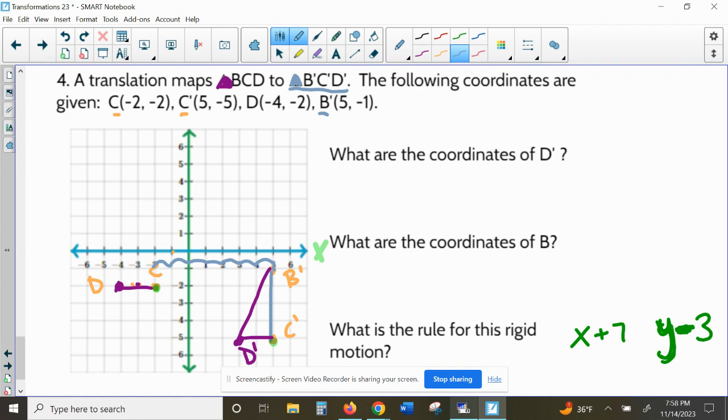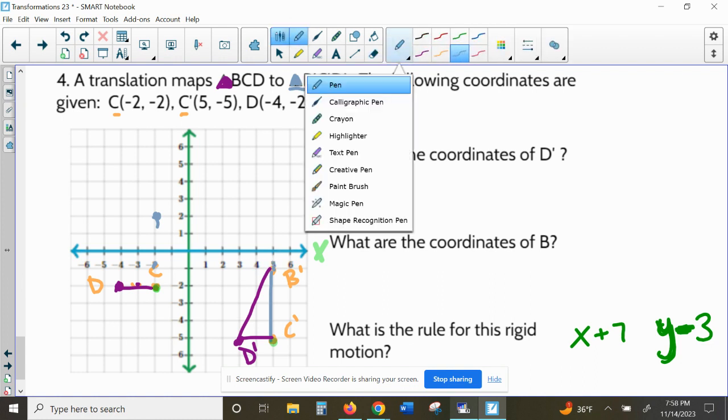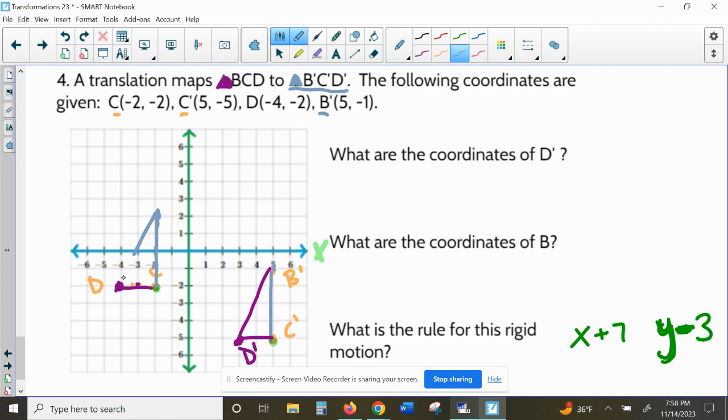And backwards would be up 3. 1, 2, 3. So that's going to be right there. So let me erase that so we can see. So that means my other triangle is going to be right here. And those look pretty good, so I probably did good. This is going to be my plain old B.